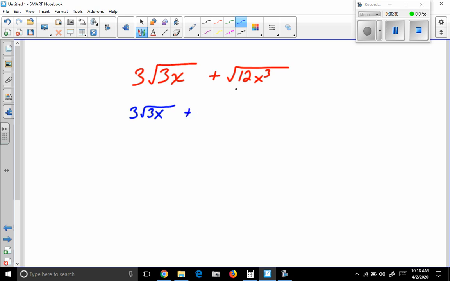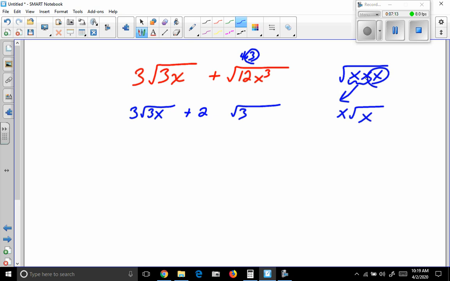But for the 12 we could call 4 times 3, so the square root of 4 is 2. 3 is not a perfect square, so it stays underneath. And as we saw earlier, if we have the same factor 3 times, but we're taking a square root, we can make one group of x's, and then we have one x that's not in a group.